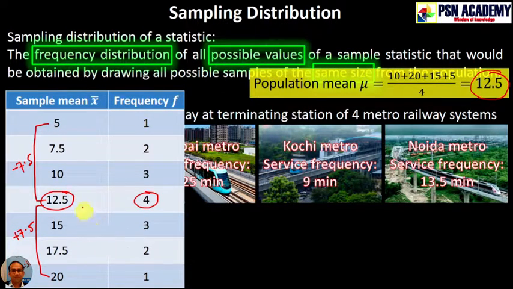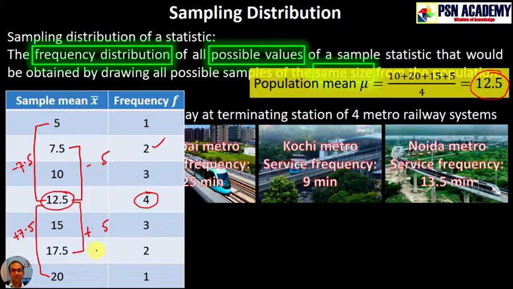Isn't it? Again, consider this 7.5 here. The 7.5 has a deviation of minus 5, and it happened 2 times, and on the other side, you have a deviation of plus 5.